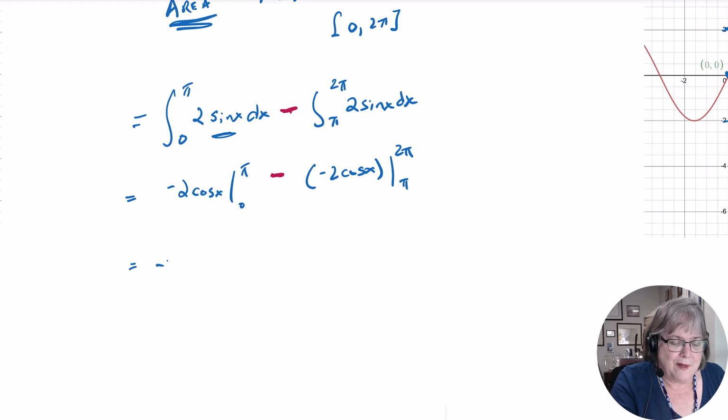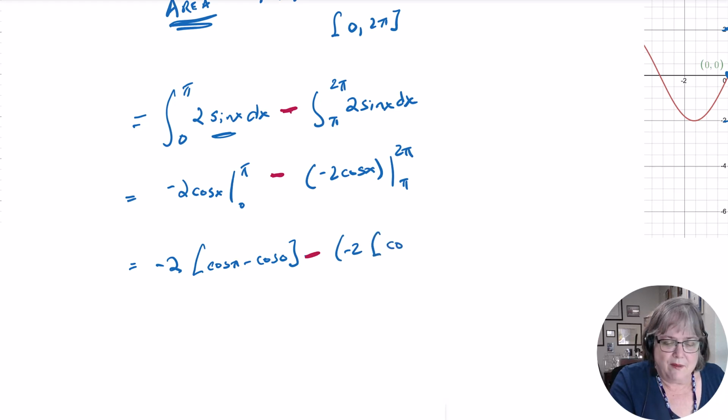So I'm going to factor out the negative 2, and we're going to have cosine pi minus cosine of 0, minus, now this minus is this one. And I'm going to factor out the negative 2 and have cosine of 2 pi minus cosine of 0.